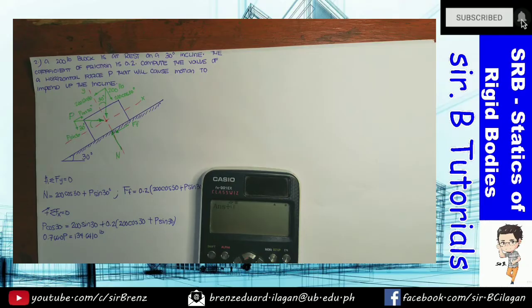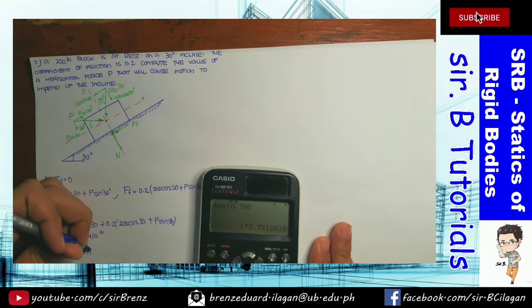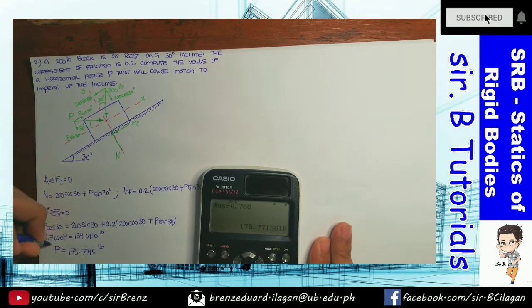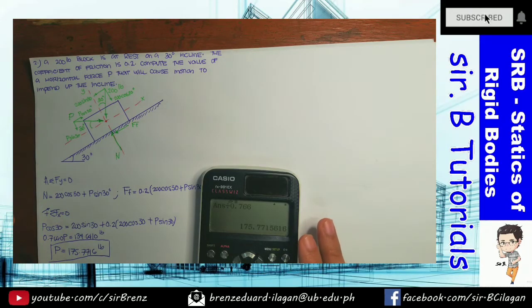Then divide by 0.766 to find P. So the answer for the force P is 175.7716 pounds. This is one way of solving this.